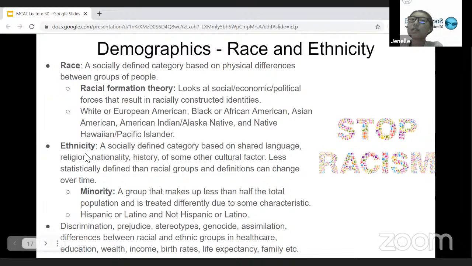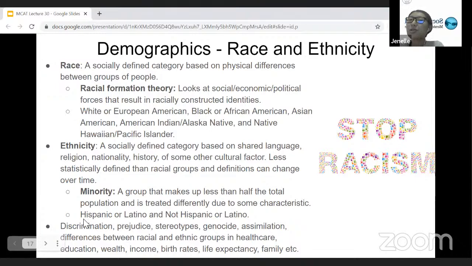The main ethnicity that the US Census currently defines is Hispanic or Latino, and not Hispanic or Latino for the main groups. And then due to race and ethnicity, there is a lot of discrimination, prejudice, stereotypes, genocide, and assimilation differences between all of these different groups in different aspects of healthcare, education, wealth, income, and many more.